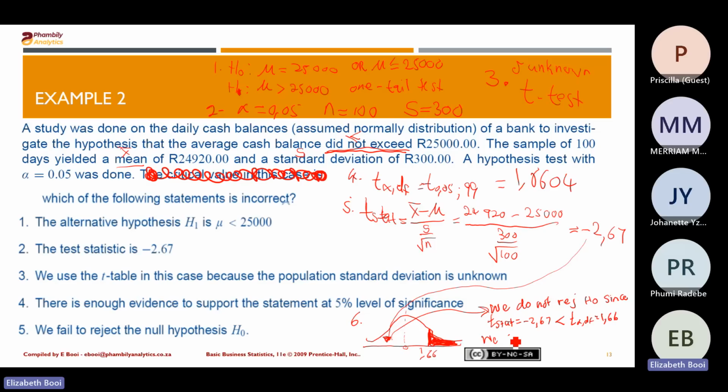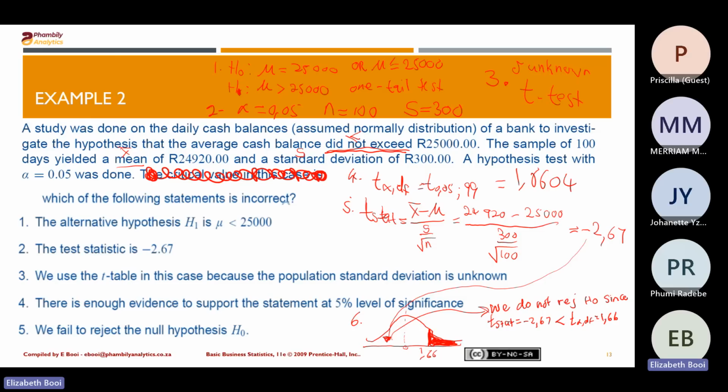And we can conclude that there is sufficient evidence to reject the null hypothesis or something like that.